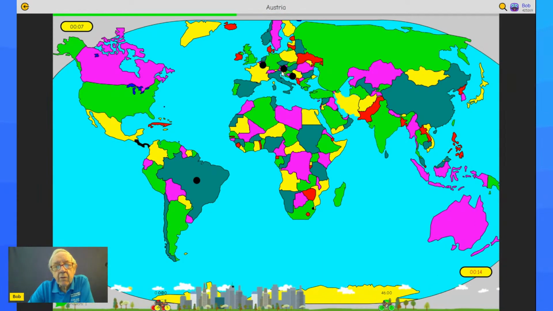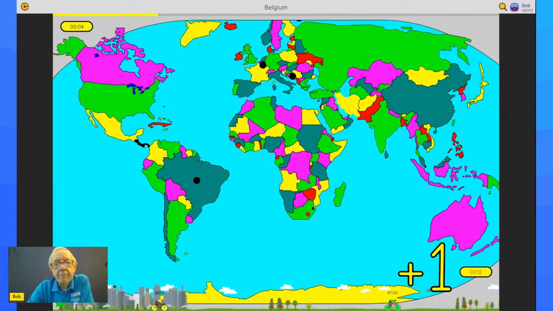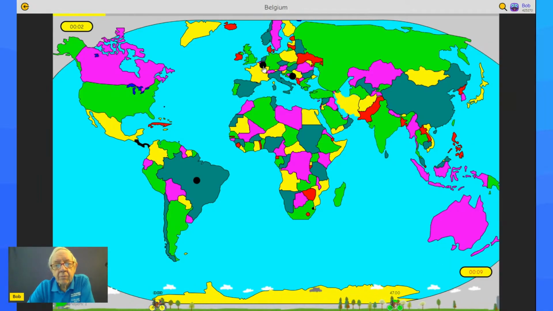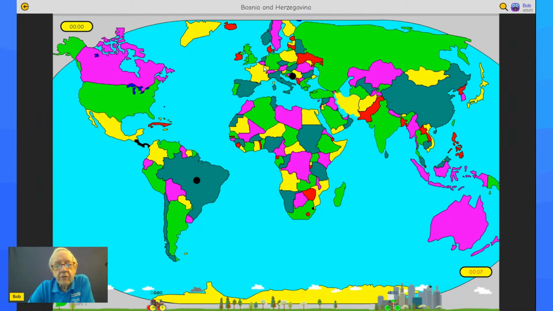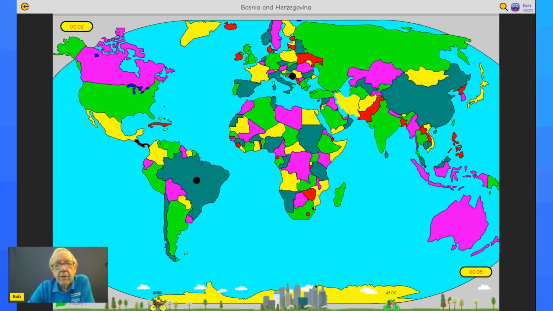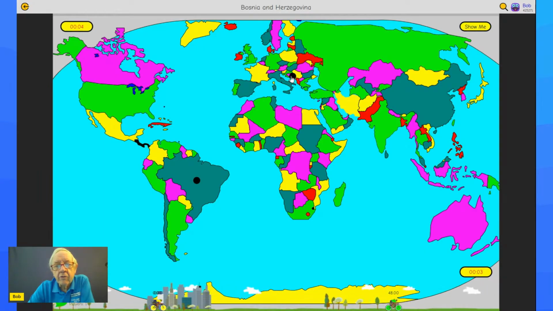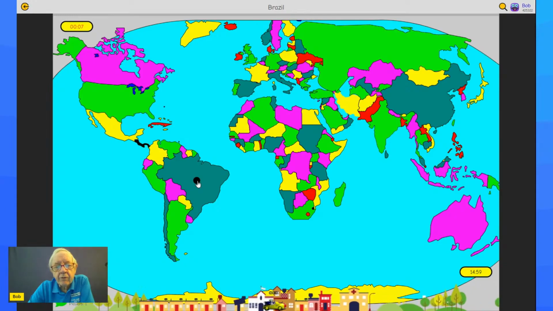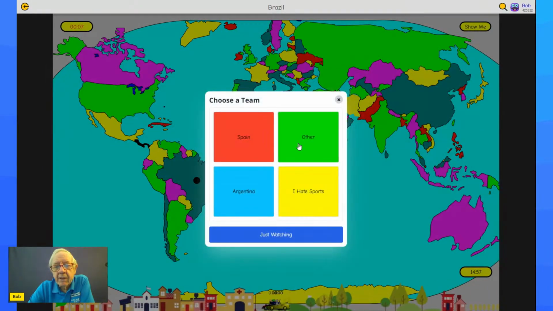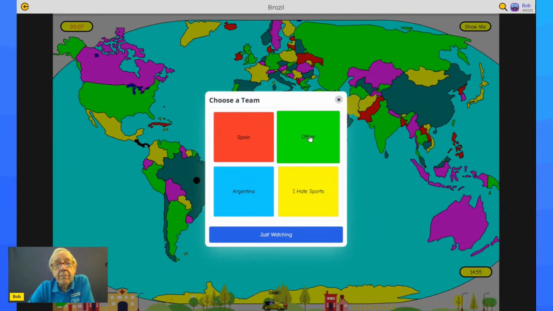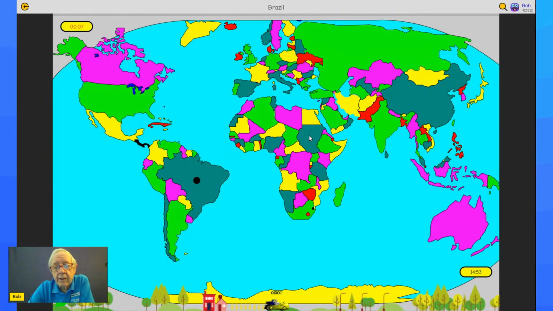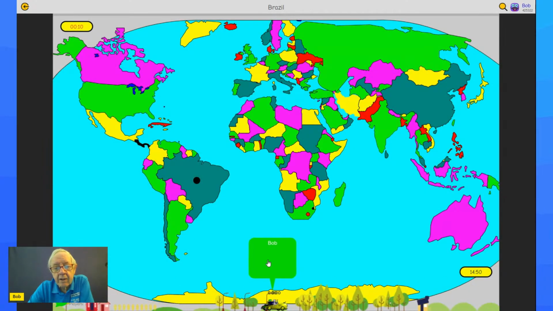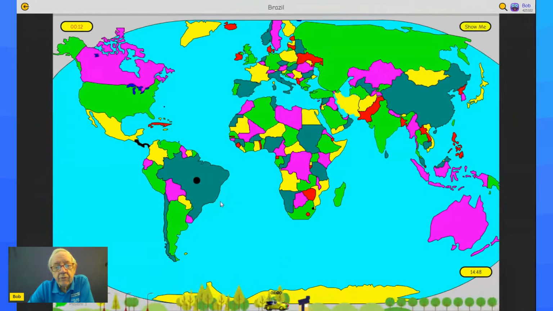Austria, right below Czech Republic. Belgium. Small country of Belgium has a soccer team, and here's Bosnia-Herzegovina, just like Brazil, the large country of Brazil, okay? And every 15 minutes, this teamwork thing starts. You put yourself back in the car and race each other as friends.